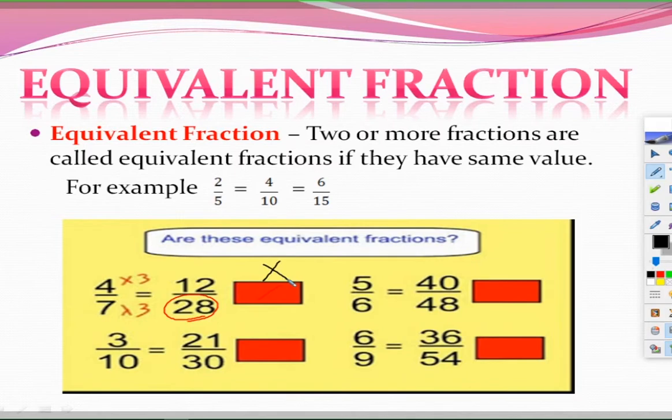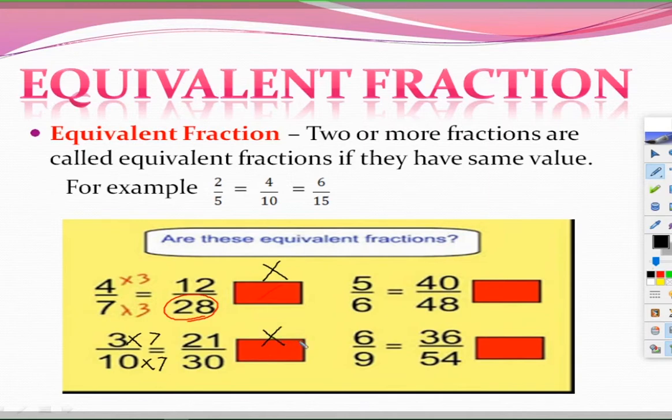Next, 3 by 10 equals 21 by 30, it's given. Now let's check. 3 into how much is 21? 3 into 7. 10 into 7 is 70, but it's written 30 there. Means it is not equivalent.